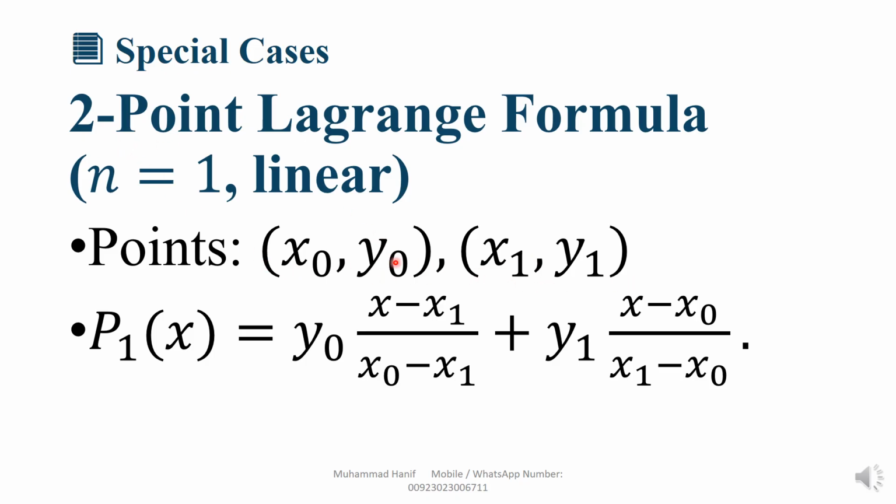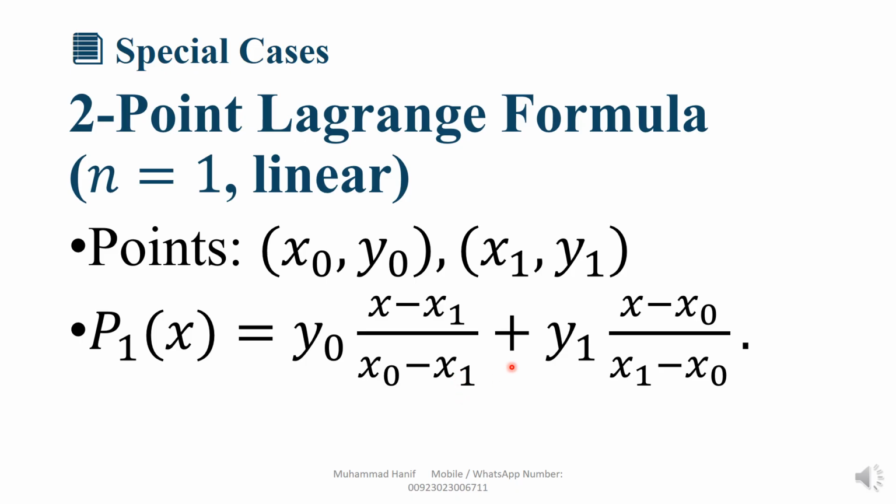Then we use in the Lagrange formula P1(x) equal to y0 times (x minus x1). The initial value given is x0, so you write first x0. If we use x0, the other element is x1. If we write x1, then you write x1.